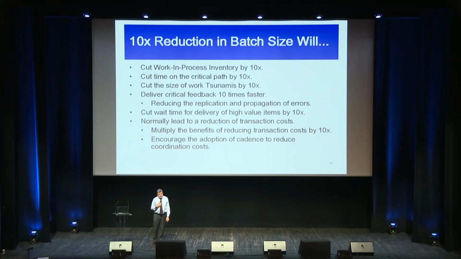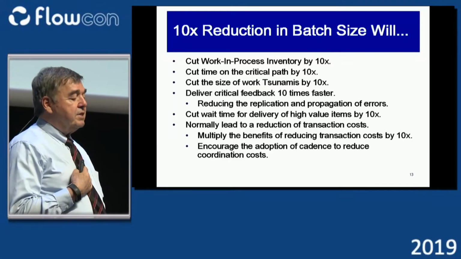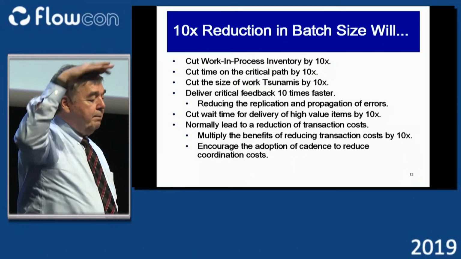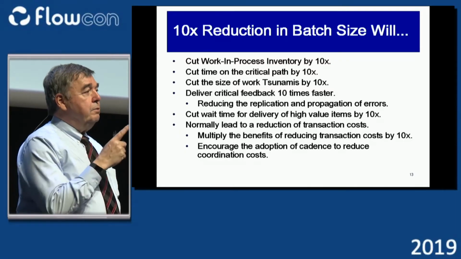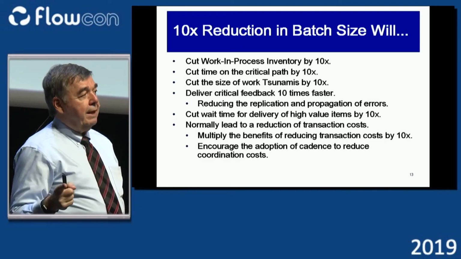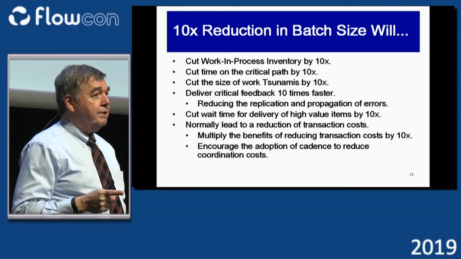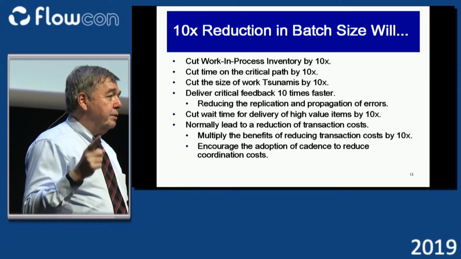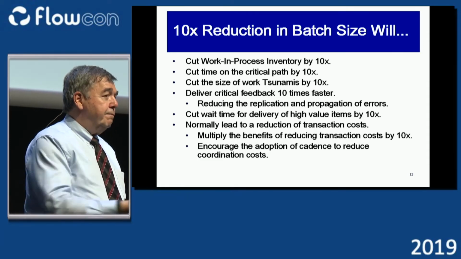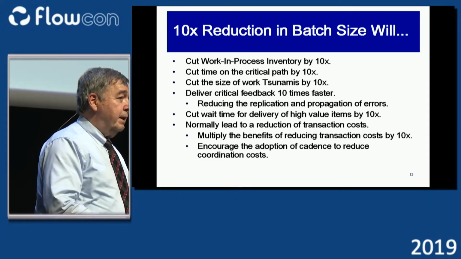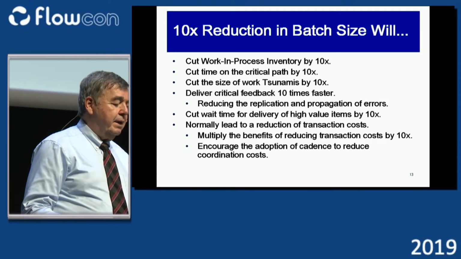You cut time in the critical path by a factor of 10, and you cut the size of the work tsunamis by a factor of 10. You deliver critical feedback 10 times faster. If I was designing to the wrong dimension, I find out 1 week into the process instead of 10 weeks into the process.